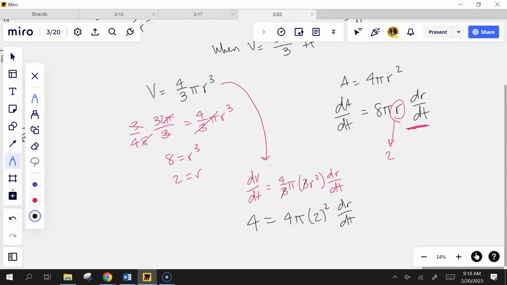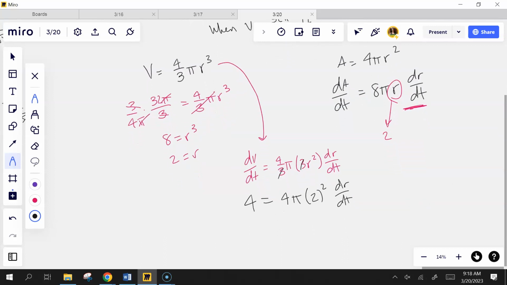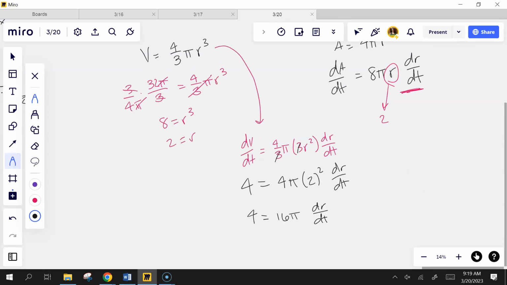This is on page 196, by the way. This is tonight's stuff, this week's stuff. 4 equals 16 pi dr/dt. Divide by 16 pi, I get 1 over 4 pi is dr/dt, and that's my very last piece of the puzzle that I needed for this little equation, and that's going to go here for dr/dt.